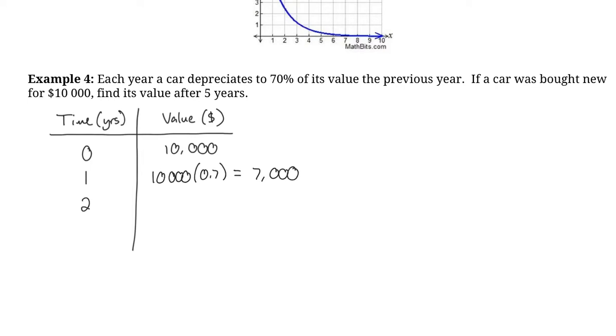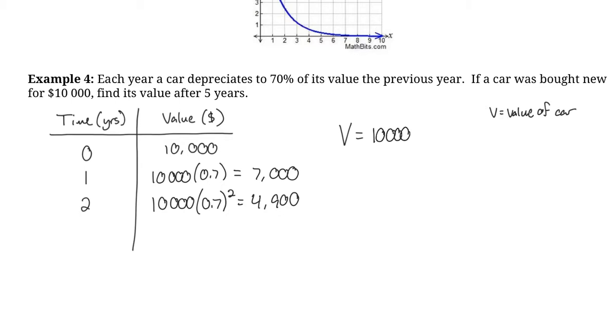And in year 2, we're looking for 70% of this $7,000. And if you calculate that, that's going to be $4,900. Or we can rewrite that as 10,000 multiplied by 0.7 to the power of 2. So we can use this to write out our equation. So we can let V represent the value, and this is equal to 10,000, that's our starting cost, multiplied by 0.7 to the power of n, and n represents the number of years.